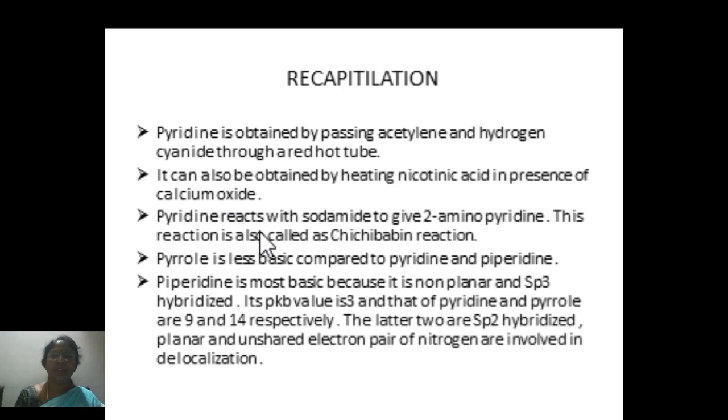We have also seen the reaction of pyridine with sodamide to give 2-aminopyridine, which is called as Chichibabin reaction, and we also looked into the basicities of pyrrole, pyridine and piperidine and comparison of basicities among these three, and we understood that piperidine is most basic than pyridine and pyrrole as its pKb value is less compared to the prior two.